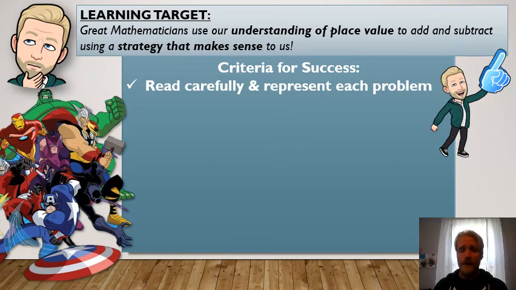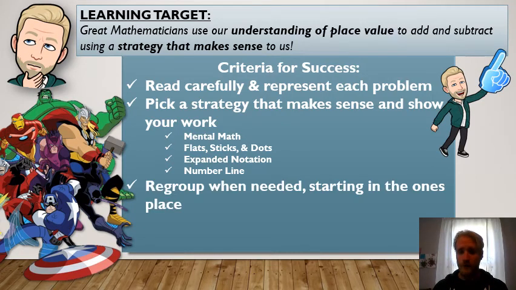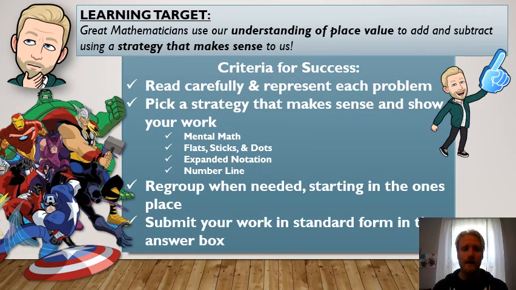Make sure you're clearly labeling those as you do it. Then pick a strategy to solve that makes sense and show your work. You saw that I used expanded notation, but I also used a little bit of mental math to help me through that as well. Regroup when needed, starting in the ones place, and make sure you submit your work in standard form in the answer box. You may need to type in the units as well.